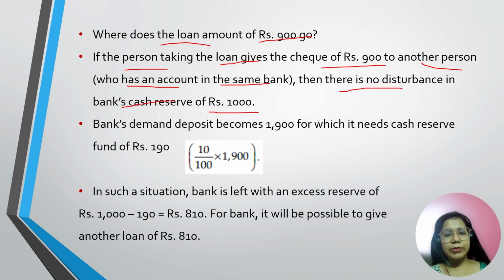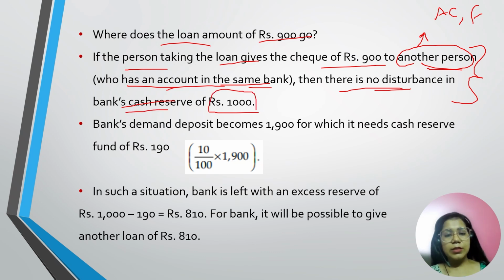What we mean here is that maybe the person who has taken this loan will give it to another person in the form of a check, maybe to buy an AC, maybe to buy a fridge or anything, right? Then this person will do what? He will deposit this check in the bank, and if he has an account in the same bank, then there will be no disturbance in the bank's cash reserve of rupees 1,000.